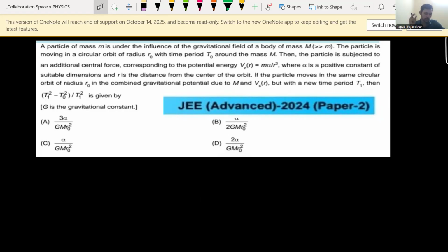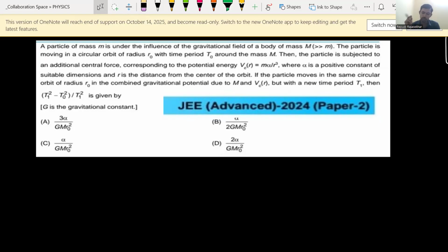The particle is moving in a circular orbit of radius r0 with a time period T0 around the mass M. Then the particle is subjected to an additional central force corresponding to the potential energy given here, where alpha is a positive constant of suitable dimensions and r is the distance from the center of the orbit.